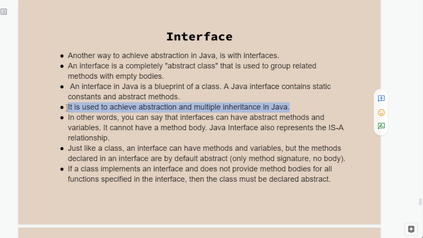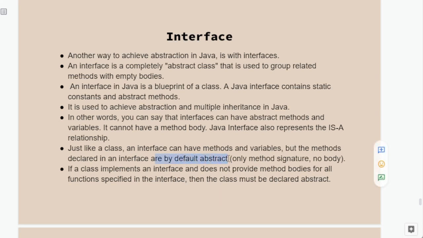In other words, you can say that interfaces have abstract methods and variables. It cannot have a method body, so a Java interface also represents this relationship. Just like a class, an interface can have methods and variables, but the methods declared in an interface are by default abstract.